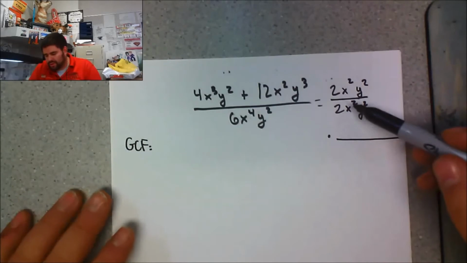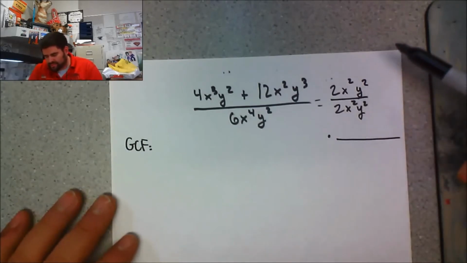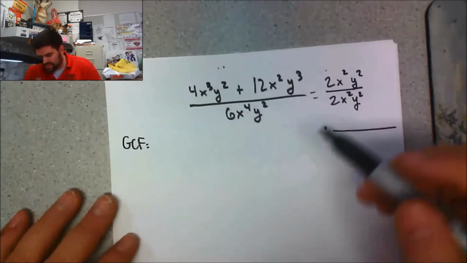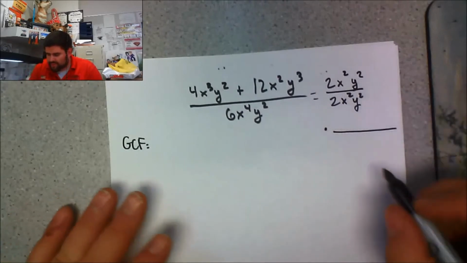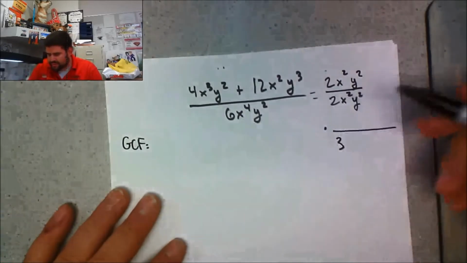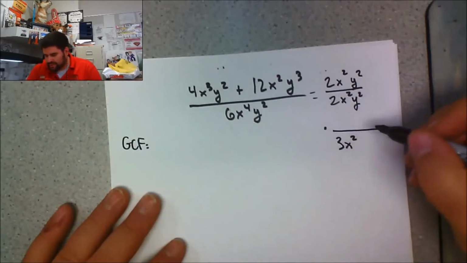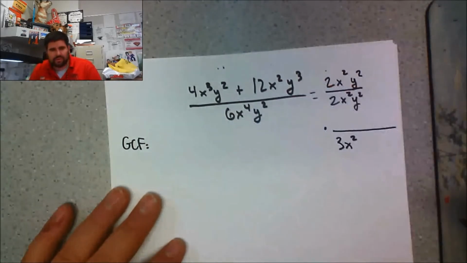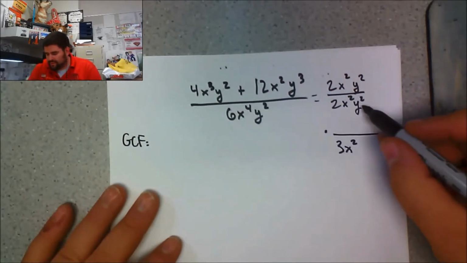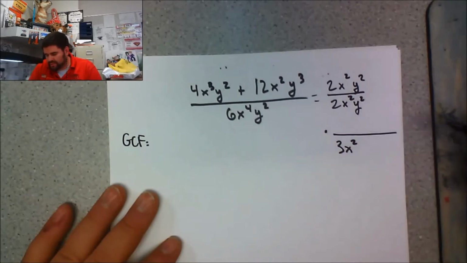Now I need to figure out 2x squared y squared times what equals 6x to the 4th y squared. Well, I know 3 times 2 is 6. And x squared times x squared gives me x to the 4th. And I've already used the y squared. So that's the one on the bottom.